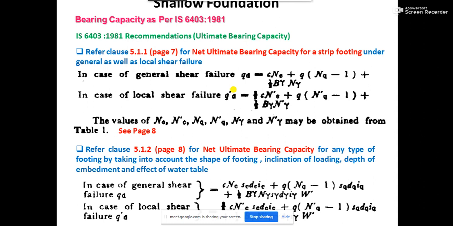So considering that equation, you have Terzaghi's bearing capacity equation as cNc plus gamma dNq plus gamma B N gamma, right?